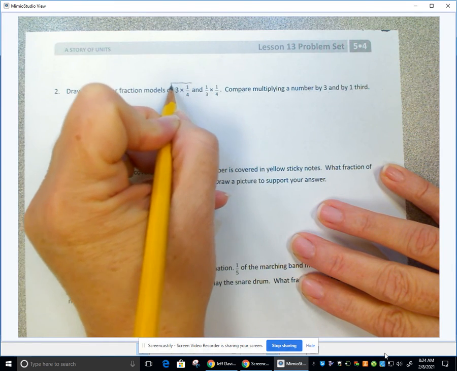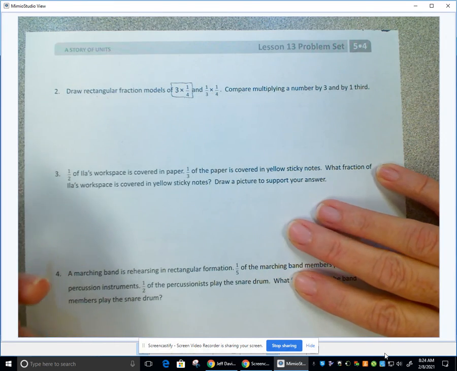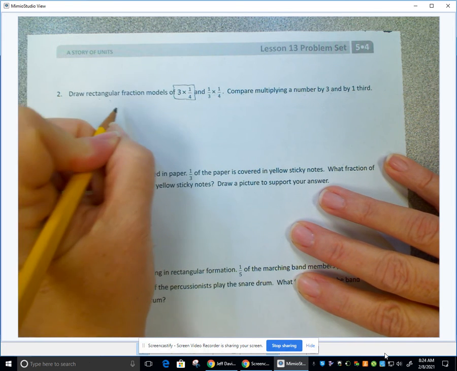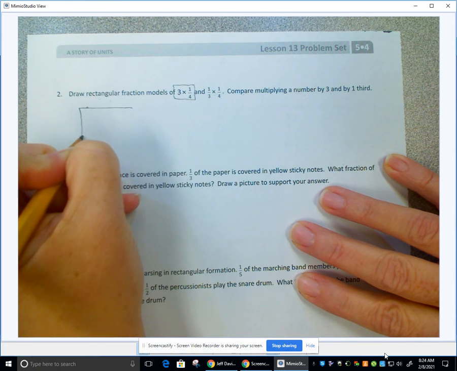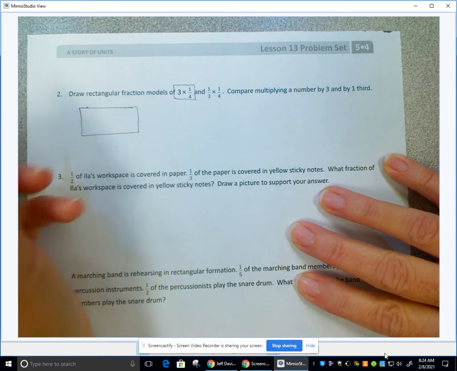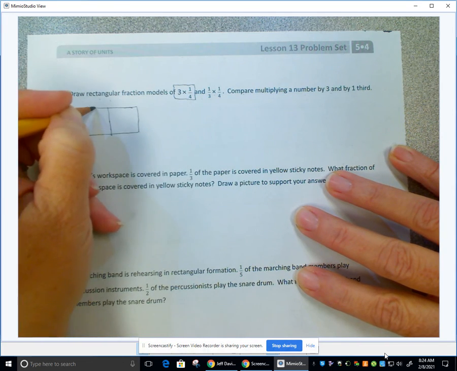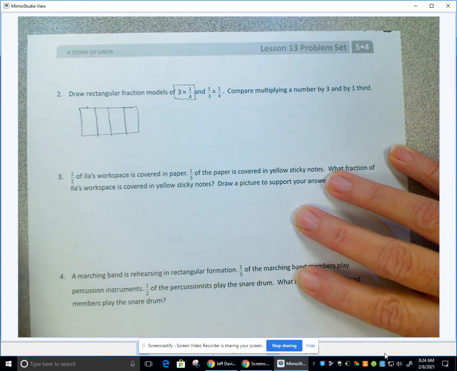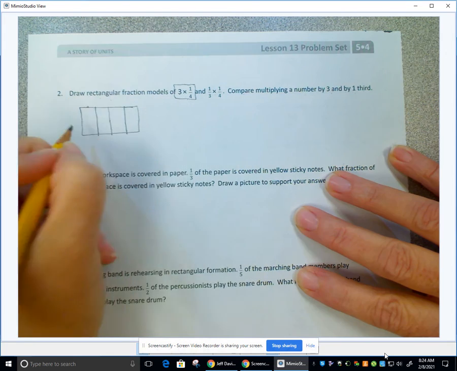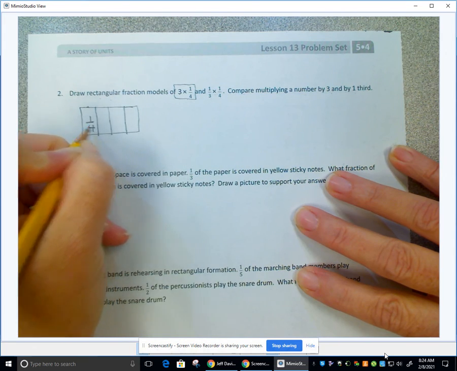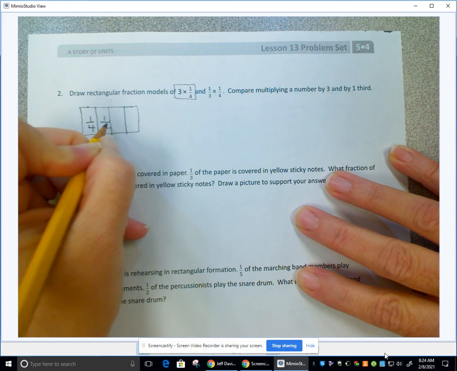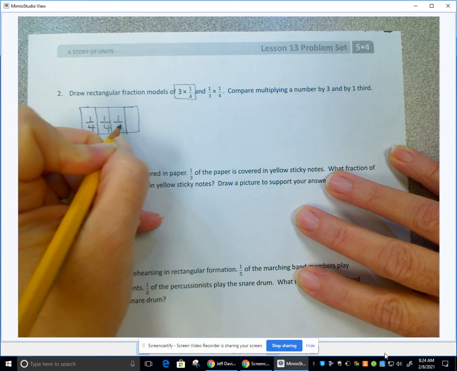Let's do this one first. 3 times 1/4. I'm going to draw my rectangular fraction. And I'll divide it into fourths. And I want 3 of the 1/4. So this is 1/4. This is 1/4. And this is 1/4, right?